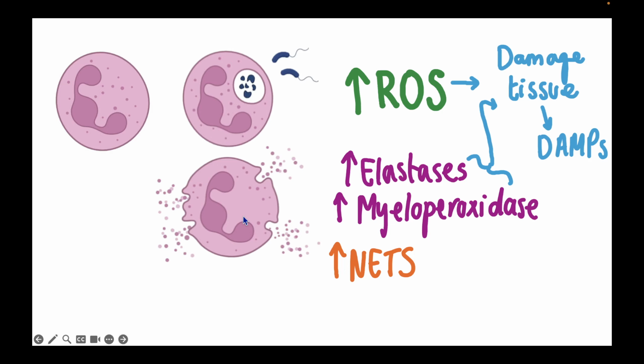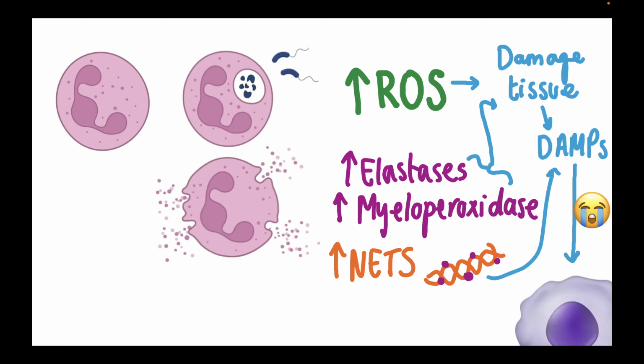And what are NETs? They're neutrophil extracellular traps. Basically they're traps. And what are they made up of? Essentially DNA and histones. So these DNA and histones are also DAMPs. And what do DAMPs do?